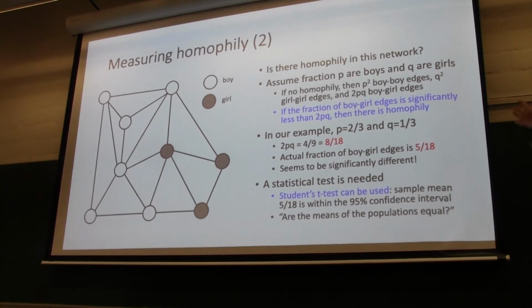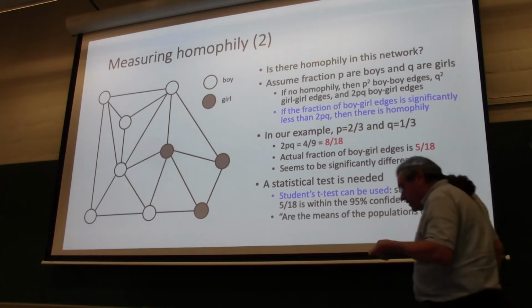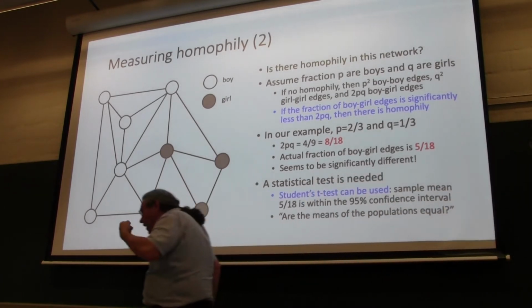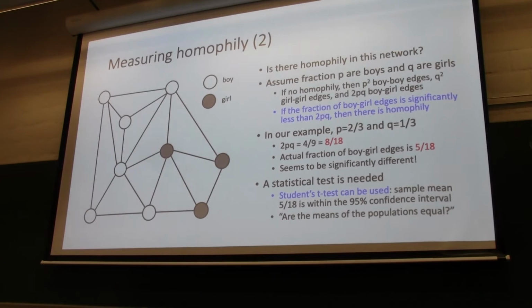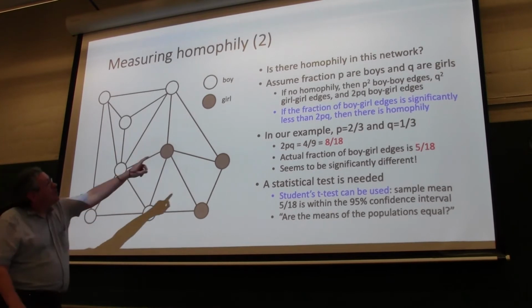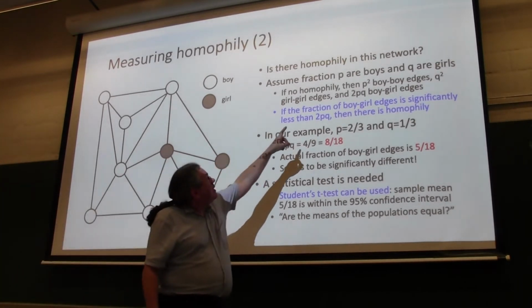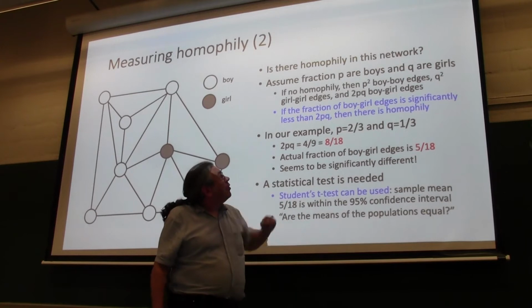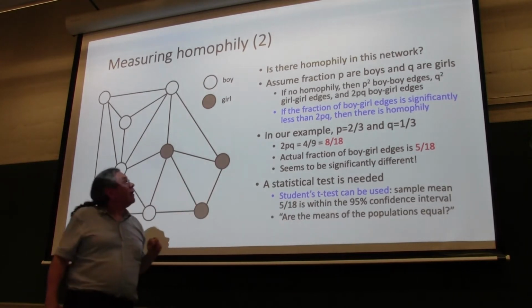So the question is, is there homophily in this network? Which means, is it true that it's more likely that boys are friends with boys and girls are friends with girls? So assume that a fraction p are boys and q are girls, so p plus q is equal to 1.